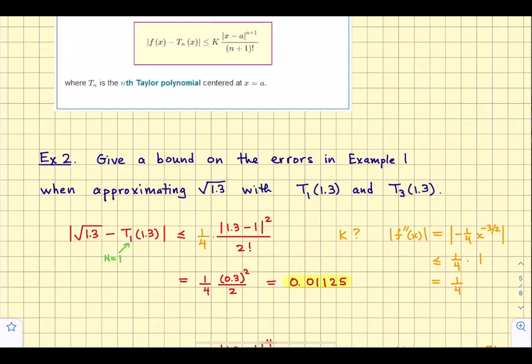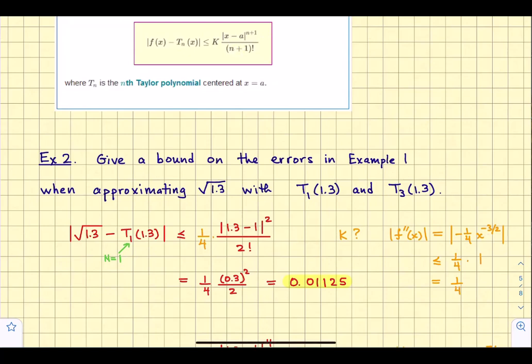So that means we're going to get less than or equal to the K. I'll show you how we get our K in just a second. K times the absolute value of 1.3 minus 1, our a is 1, our x is 1.3. We're raising it in this case to the second power because our n is 1, divided by 2 factorial.